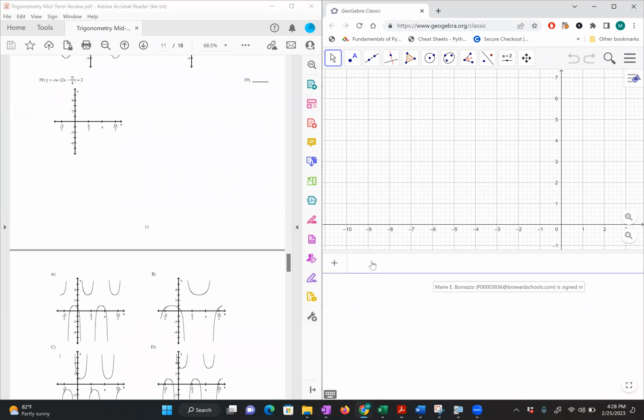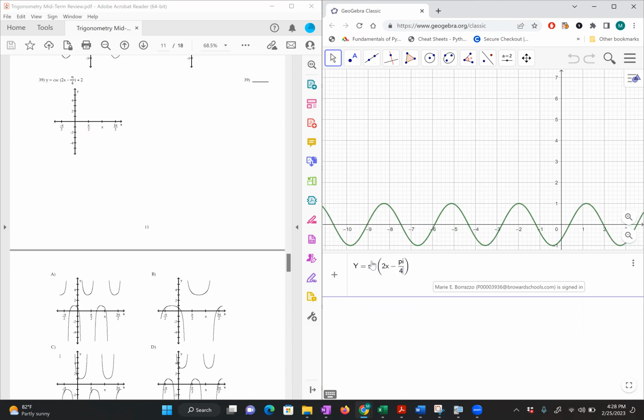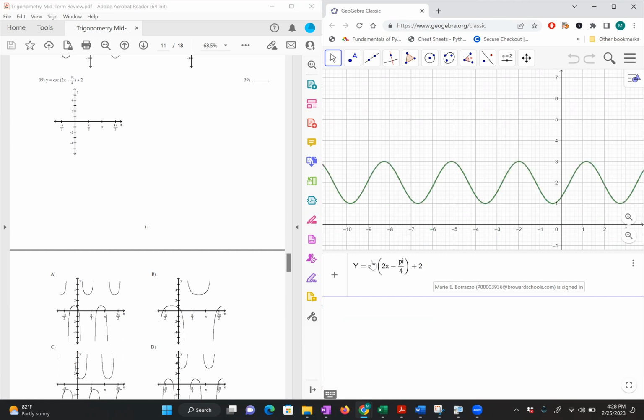So I'm going to put in y equals sine, parentheses, 2x minus pi over 4 plus 2. That's what that looks like.